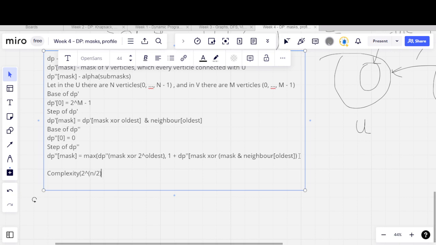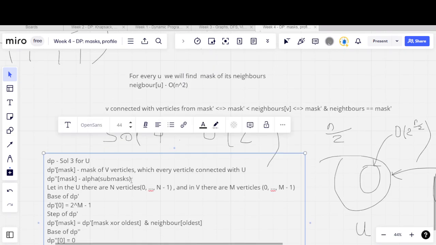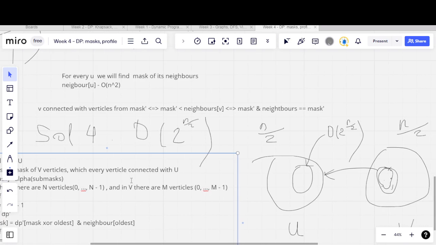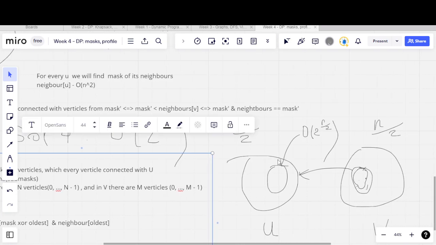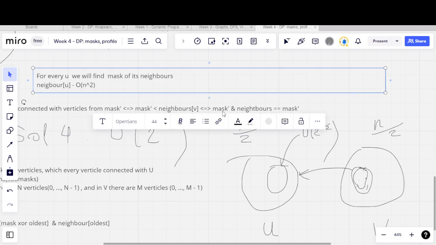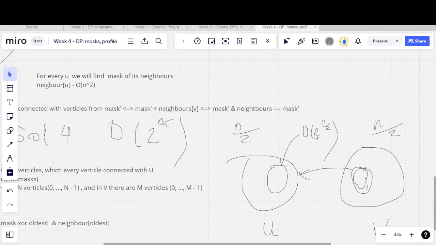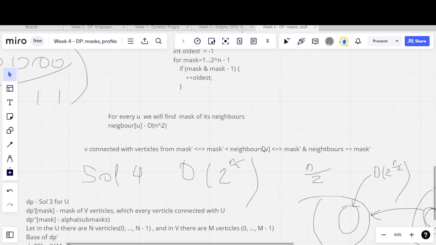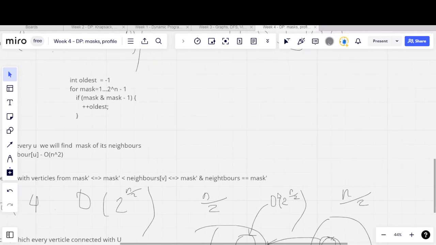Because in the previous step we split our graph into two smaller parts, then we find this click according to the previous solution for 2 to the power of n divided by 2.